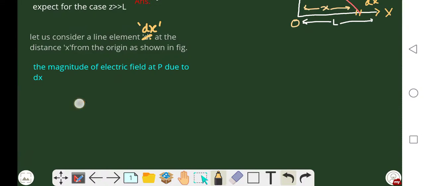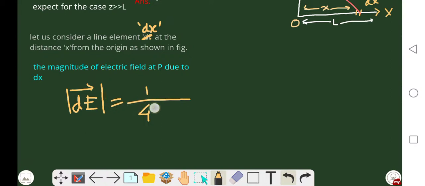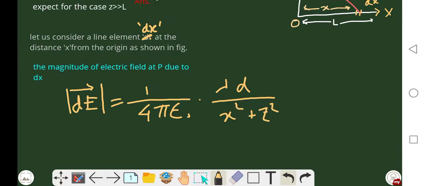So dE, obviously a vector, and its magnitude is 1 by 4 pi epsilon naught into lambda dx divided by x square plus z square.